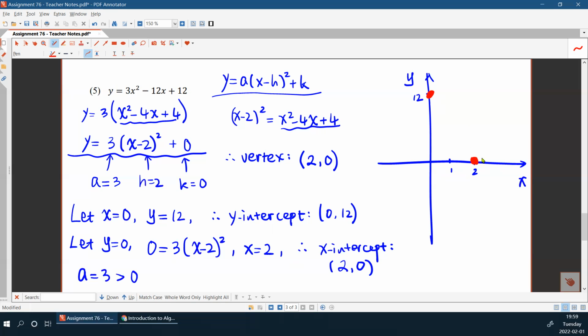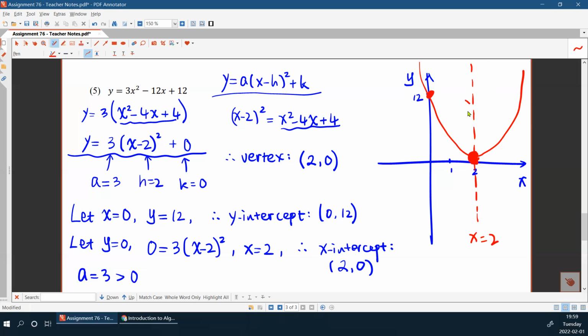So that means starting from the vertex, it opens up. So it will have a shape like this, right? Let's try to make it smoother. Okay, and this is the axis of symmetry, which has the equation x equals 2.